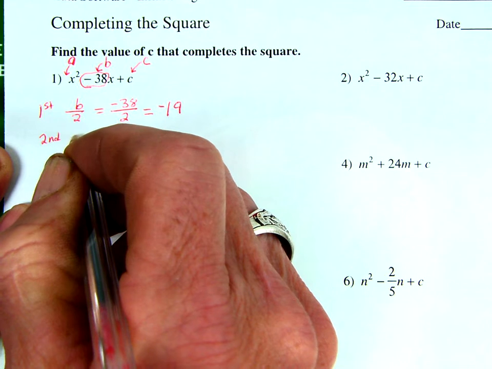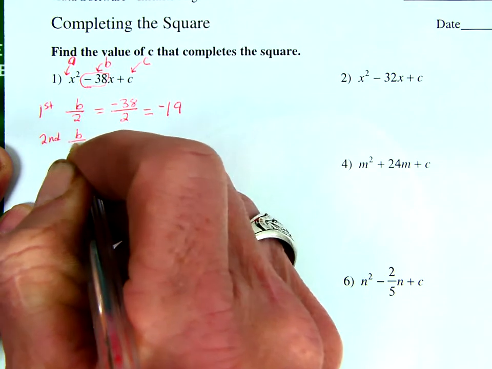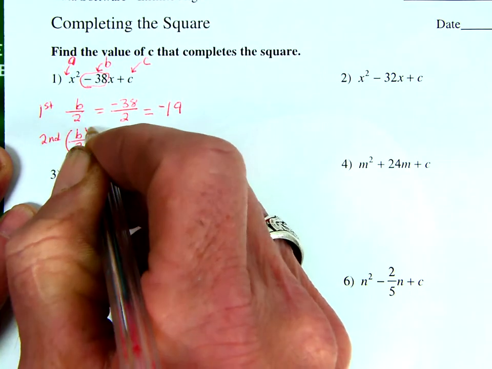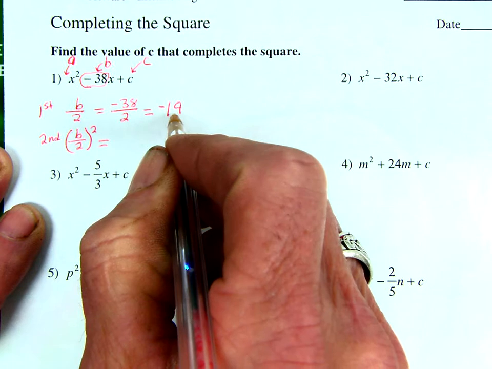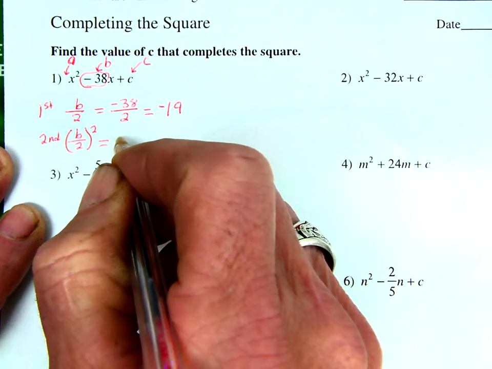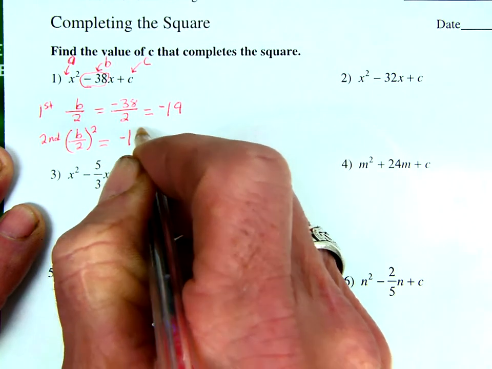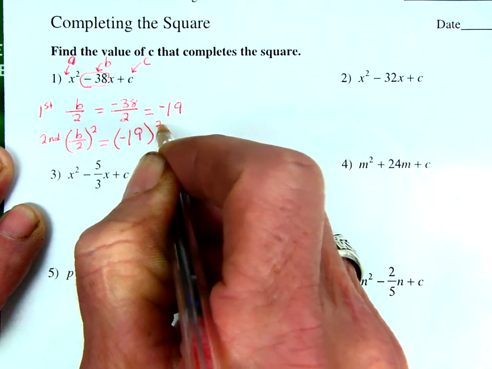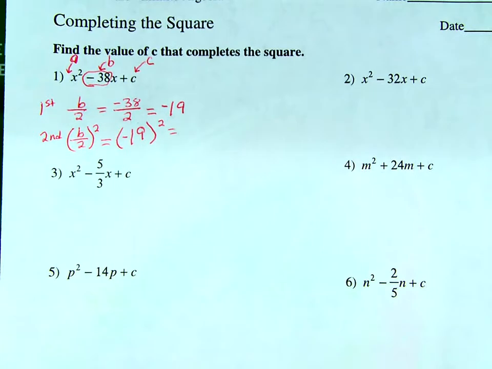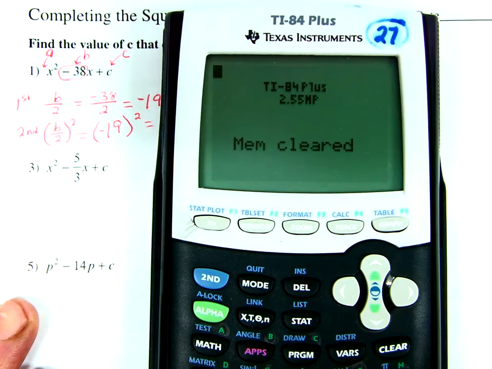So I'm going to write it like this: b divided by 2 squared equals, here's b divided by 2, we've already done that, so negative 19 squared. And this is how you should type it in the calculator: negative 19 squared in parentheses.